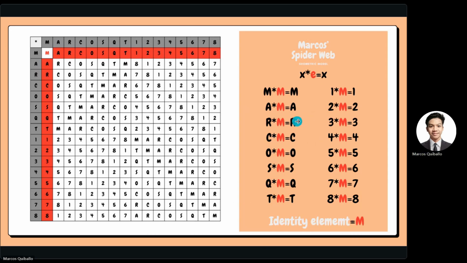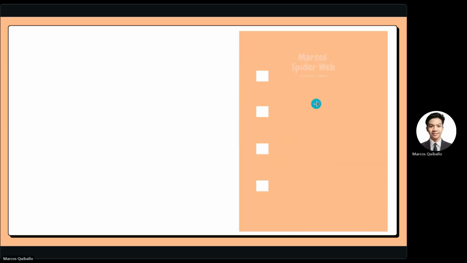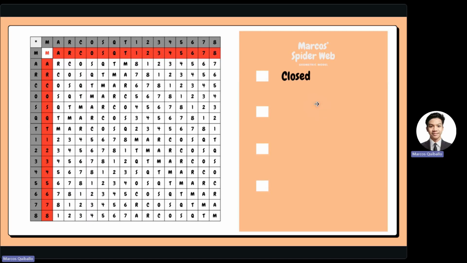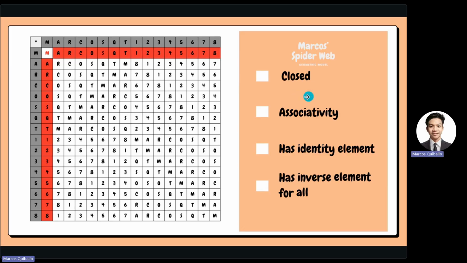In conclusion, our identity element is M. Therefore, our table is closed, it is associative, and by the verification we did earlier, it has an identity element, which is letter M.